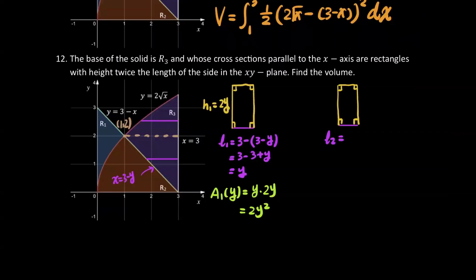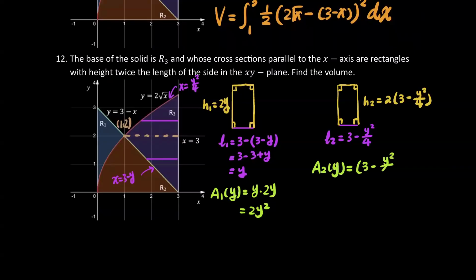Okay, so remember this segment, x is y squared over 4. So that's 3 minus y squared over 4. And the height number 2 is twice that. So the second area function is length times the height.